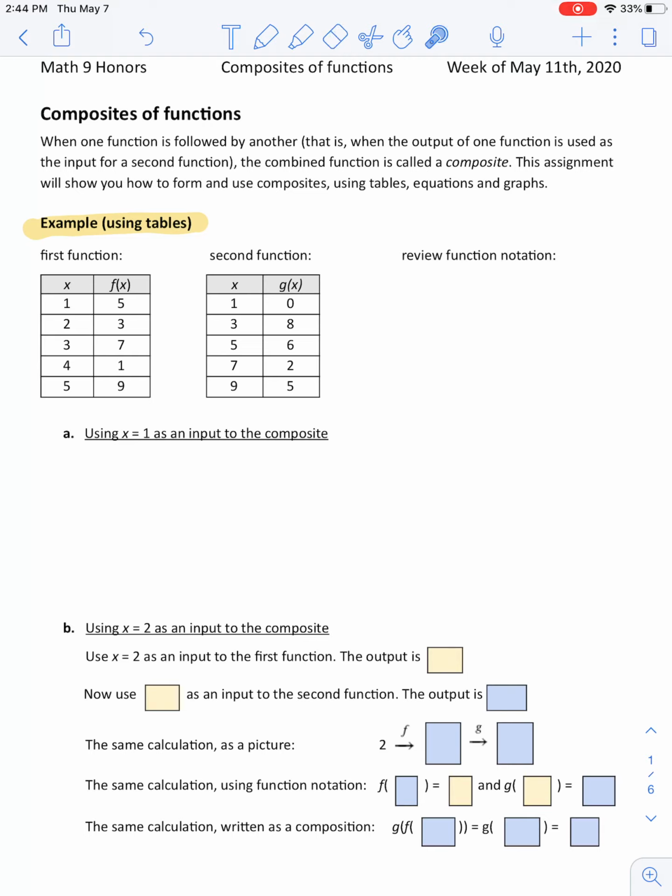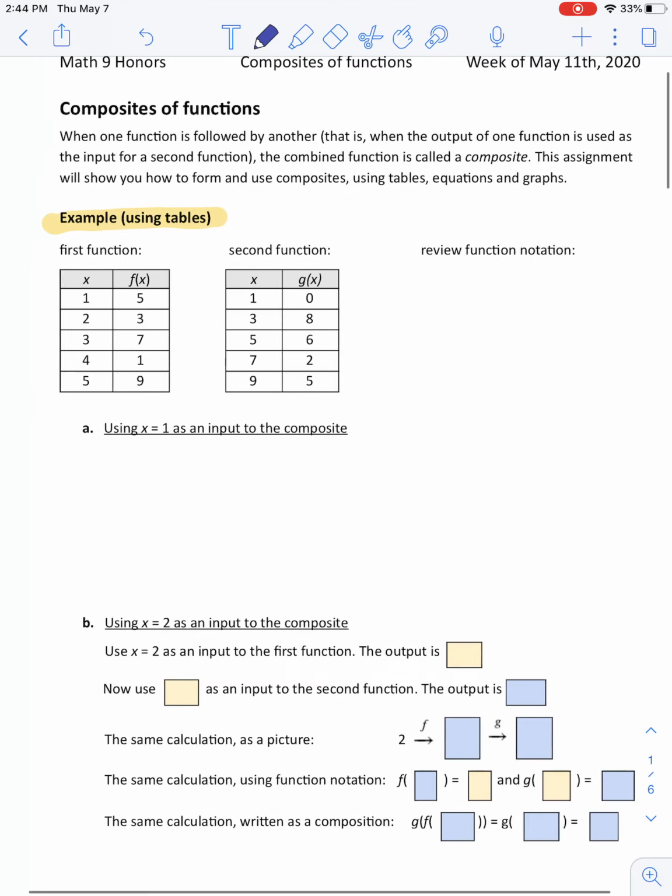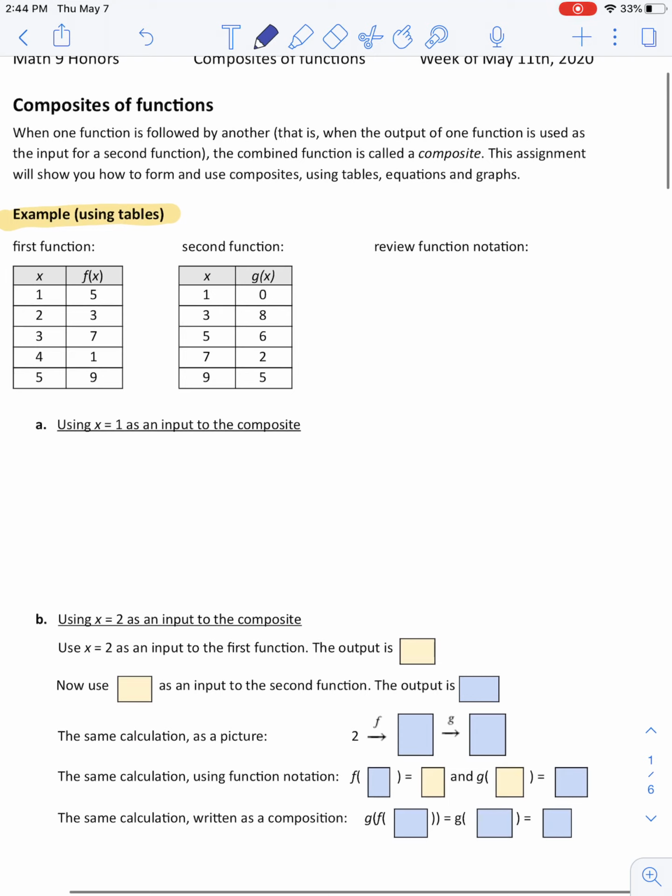So as you can see here, we have two different functions. We have this table that represents f of x, and our second function, this table represents g of x. And just to review function notation first, if I ask you for f of 3, that is asking what is the output of the f function when you put 3 into the function.